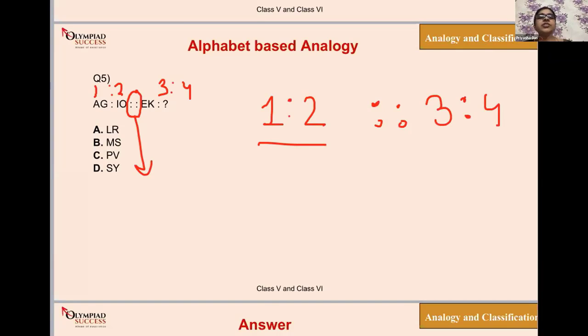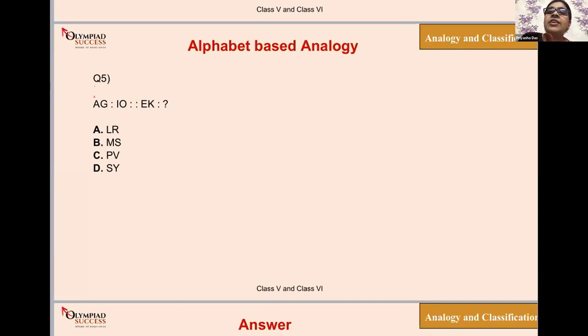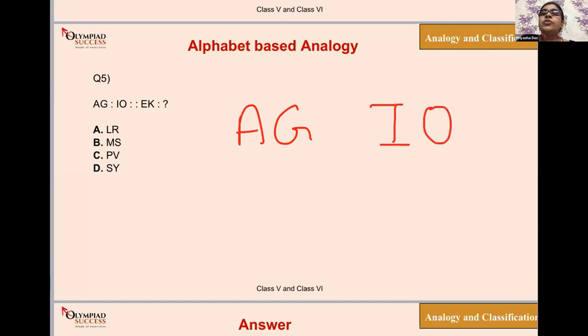So what is the relation between 1 and 2? Here 1 is having AJ and 2 is having IO. So can you tell me what are the place values of A and I? A stands for 1, I stands for 9. And if I want to reach from 1 to 9, I'll have to do a plus 8.